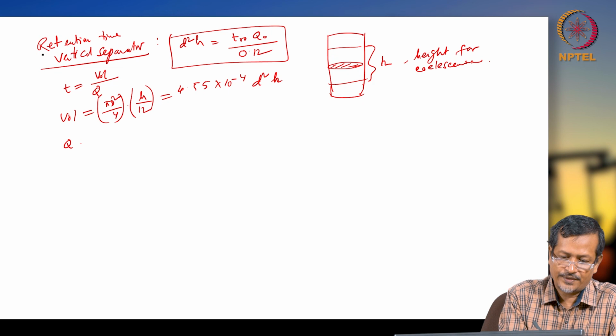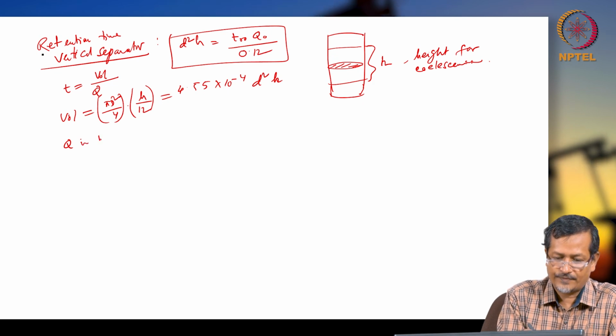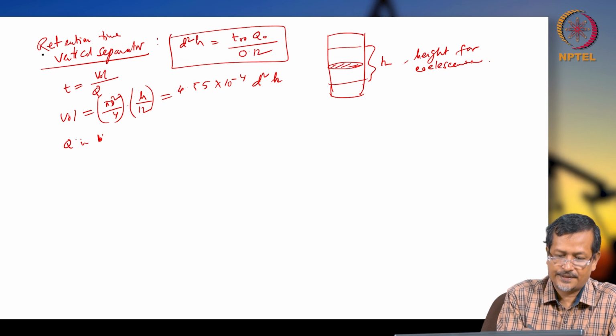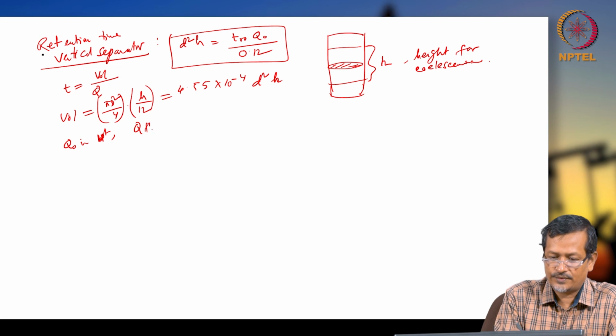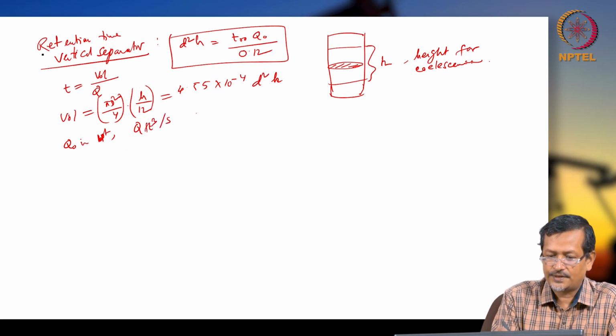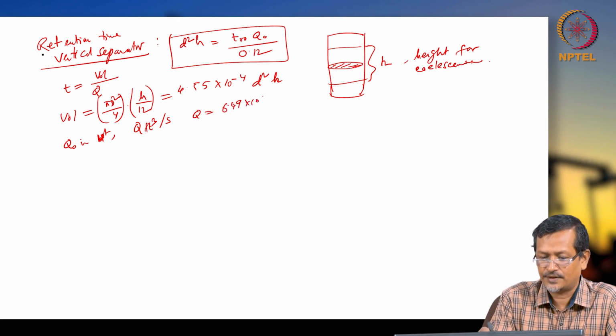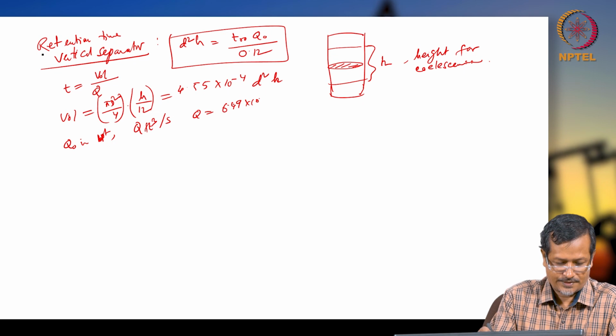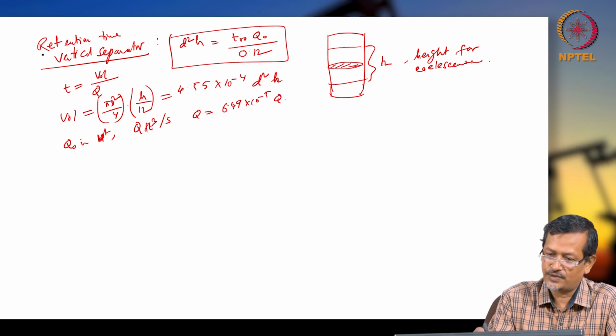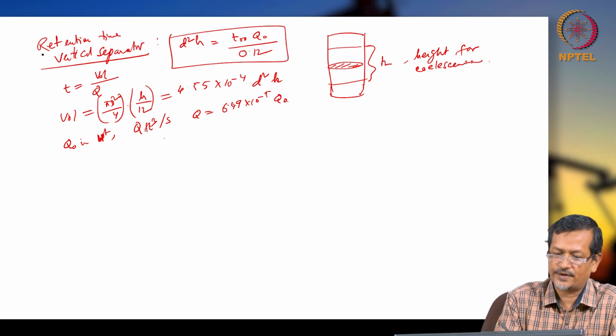Now QO in BPD, Q in feet cube per second. So Q equals 6.49 into 10 power minus 5 QO. So this formula we already know.